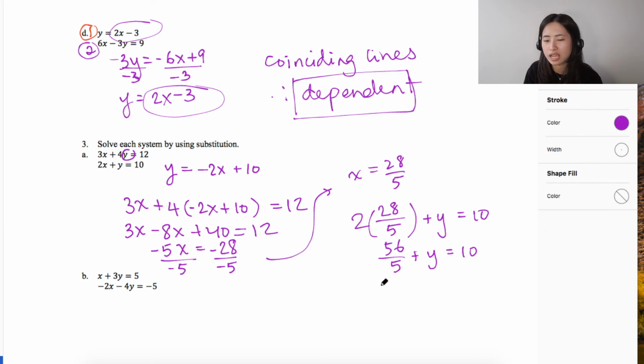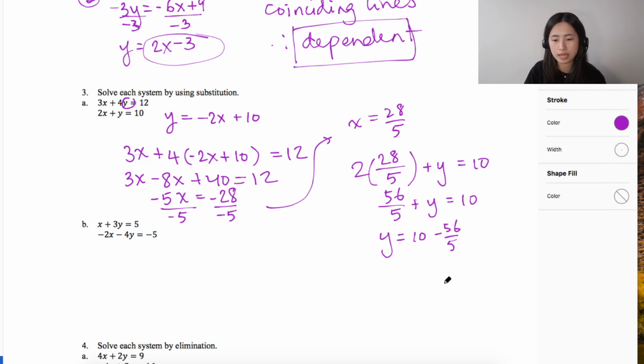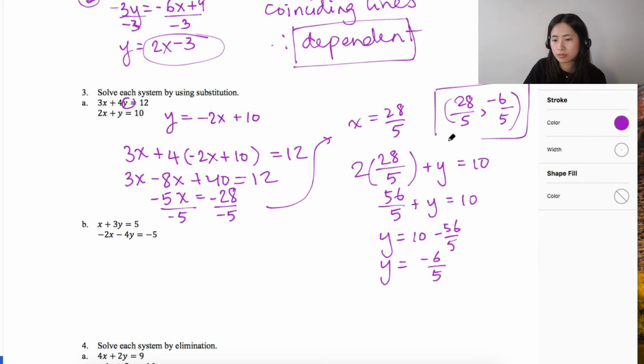I'm just literally isolating y, and I have 10 minus 56 over 5, and that's it. So 10 minus 56 over 5 gives y equal to negative 6 over 5. So my solution would be 28 over 5, comma, negative 6 over 5. When x is equal to 28 over 5, y is equal to negative 6 over 5.